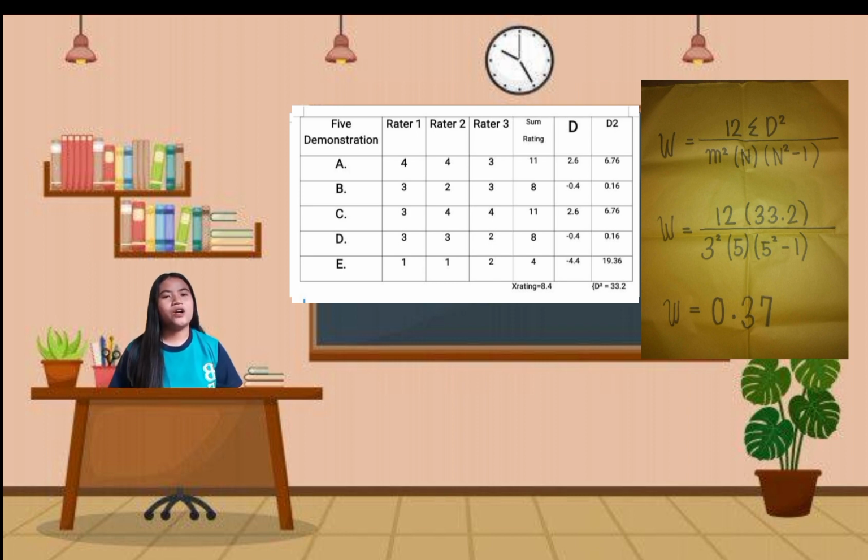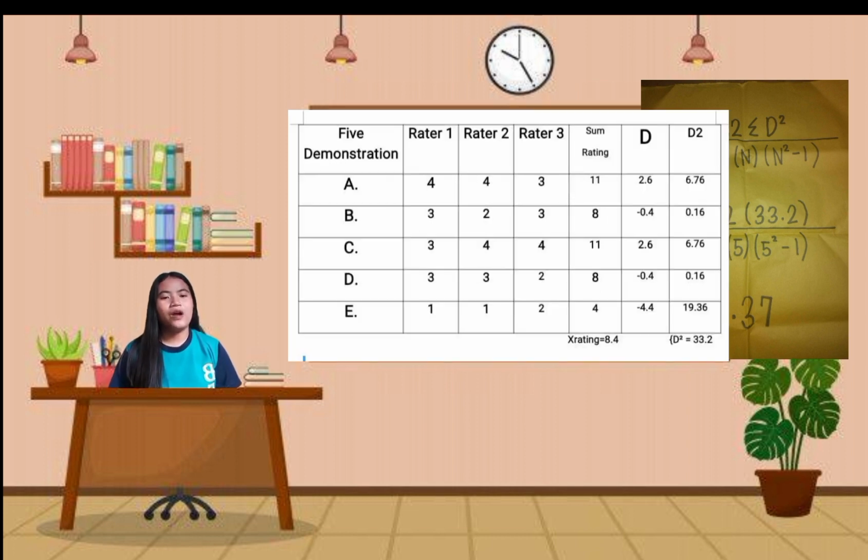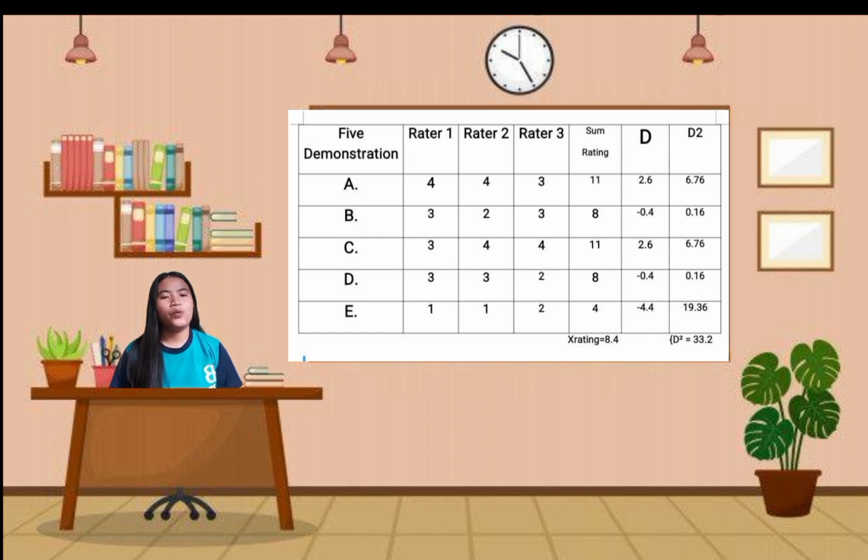So, meron tayong step-by-step process with the use of the coefficient of concordance formula or the Kendall W formula. Now, in the table, we have 5 demonstrations, which are A, B, C, D, and E. We have also rater 1, rater 2, and rater 3, with their corresponding score for each demonstration.